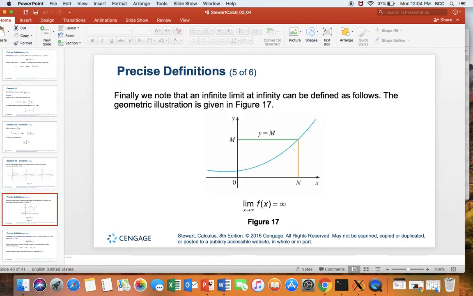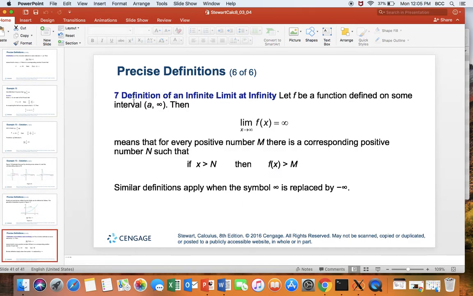Now, note that an infinite limit at infinity can be defined as follows. Here is a geometric illustration. Well, as x approaches infinity, your graph is also approaching infinity. That is very much okay. Okay, which brings us to the last precise definition. Let f be a function defined on some open interval a to infinity.